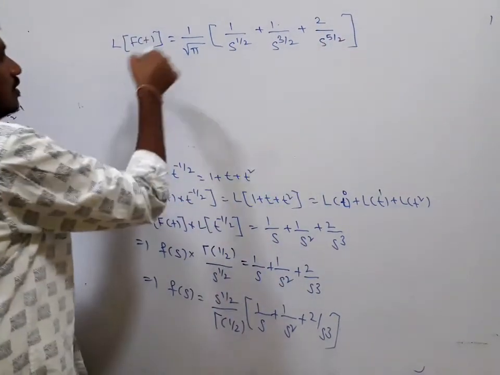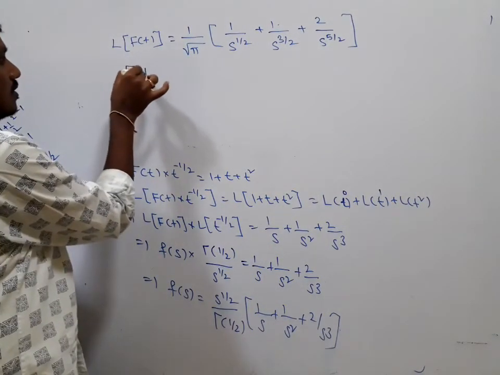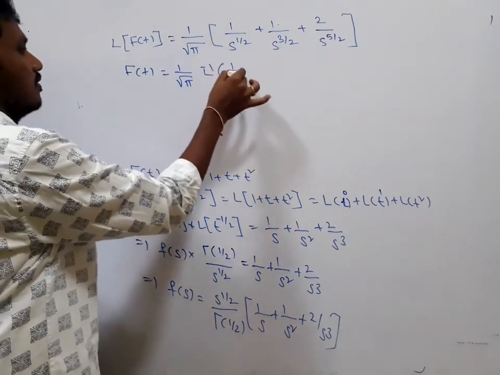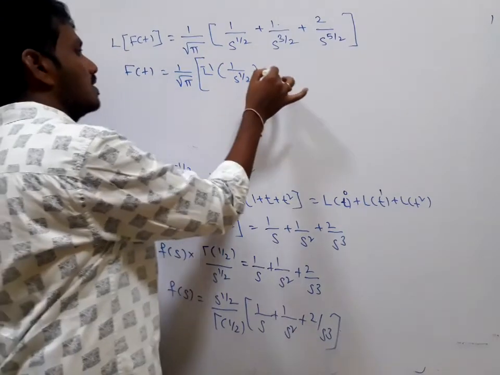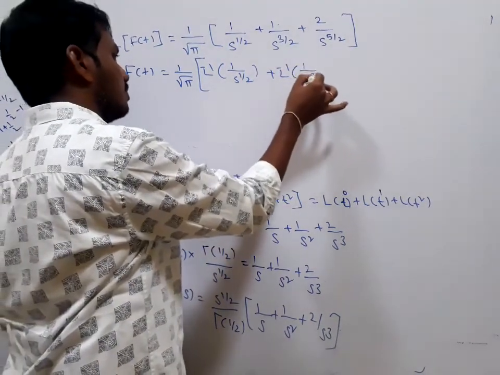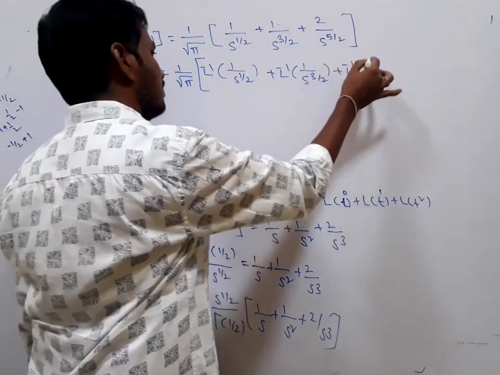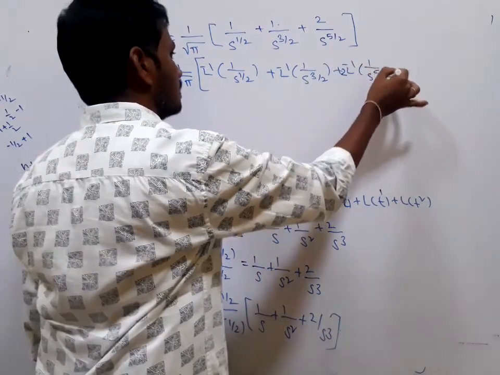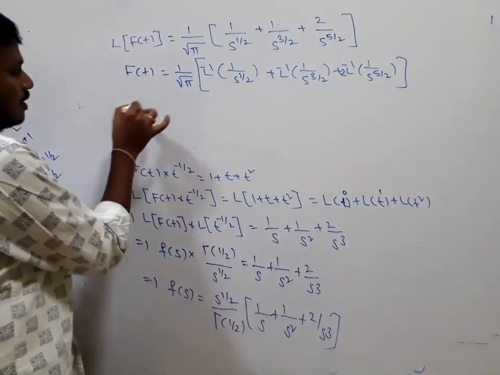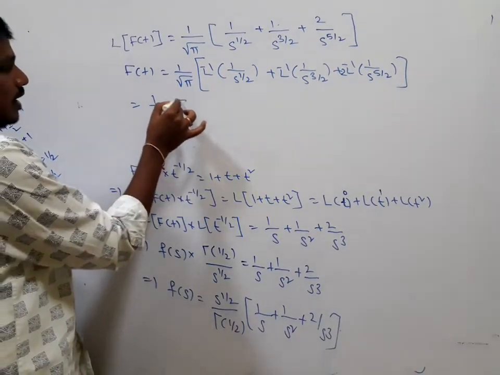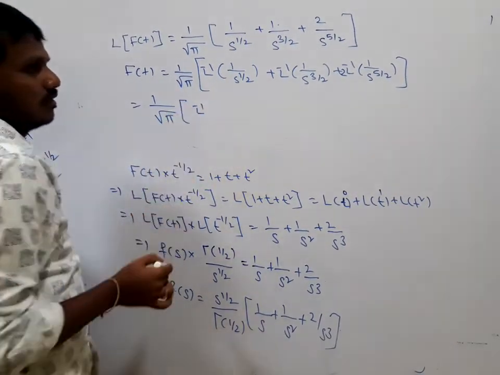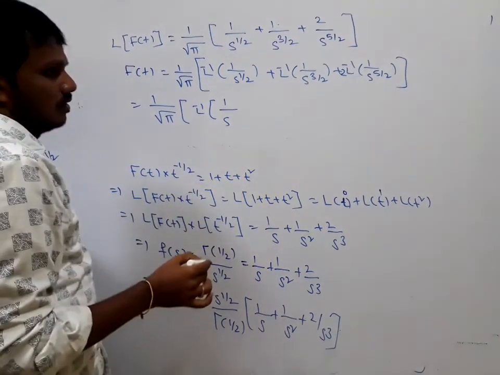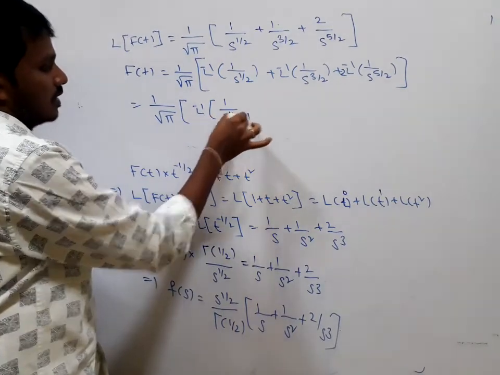So, taking L to the right side, f of t is equal to 1 by root pi, L inverse of 1 by s to the power of 1 by 2, plus L inverse of 1 by s to the power of 3 by 2, plus L inverse of 2 into 1 by s to the power of 5 by 2. Here it is L inverse of 1 by s to the power of n plus 1, where n is minus 1 by 2, so minus 1 by 2 plus 1.